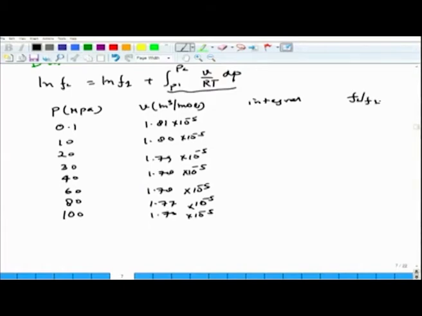At the reference, of course, this is going to be 1, then 1.07, 1.15 and so forth up to 2.04. So, this is the value 2.04 which comes at 100 megapascal. In other words, getting from 0.1 to 100 megapascal, the ratio of change in the fugacity is 2.04.